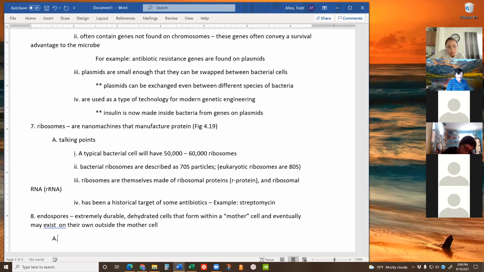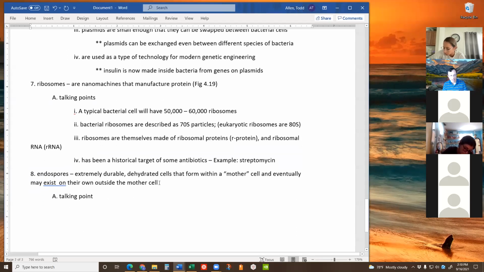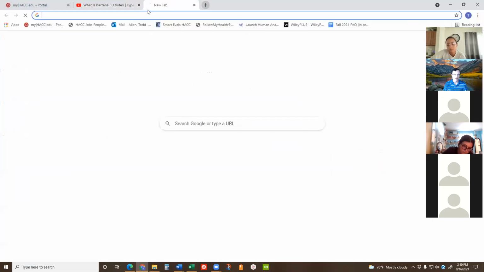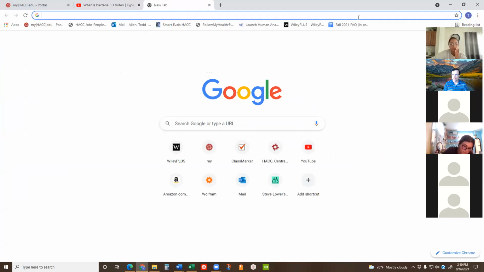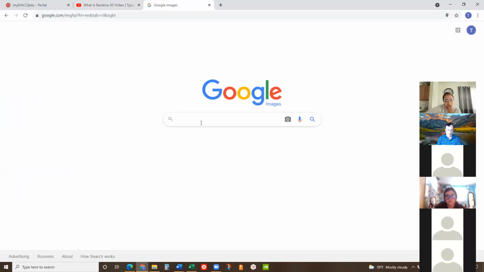Okay, let me give you some talking points here. If we were together in lab, one of the things we do is we actually prepare an endospore stain and get you a chance to look at it under the microscope. Unfortunately, we won't have that experience. Let me see if I can bring up an endospore stain in Google Images really quick for you.